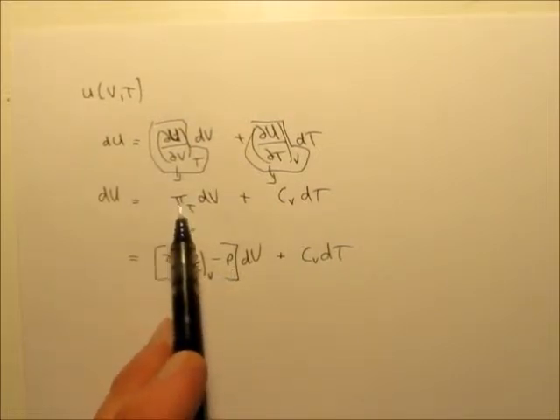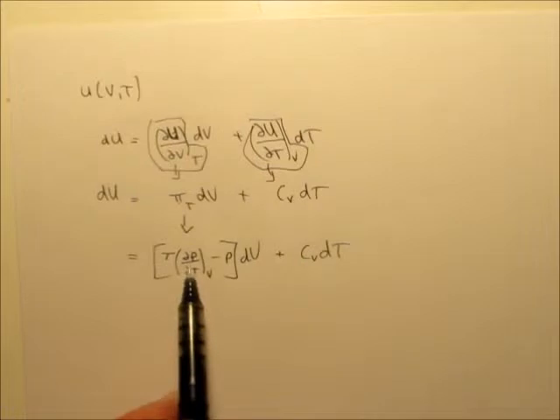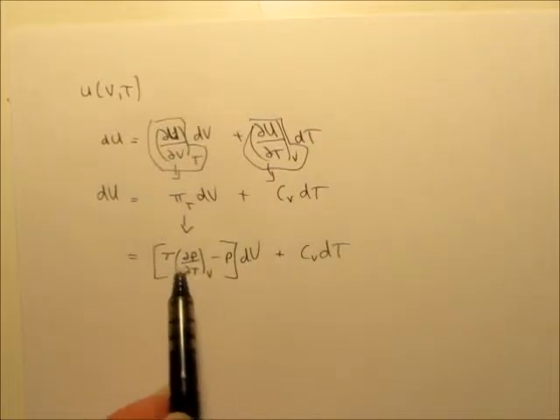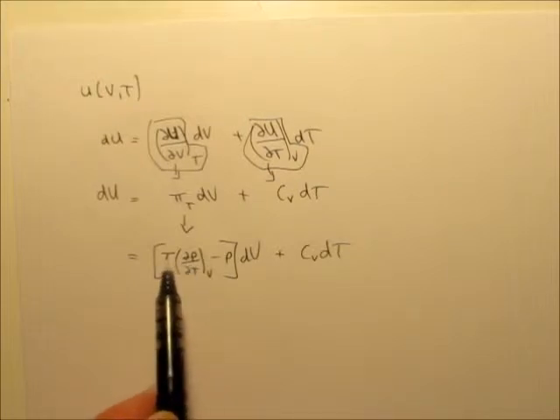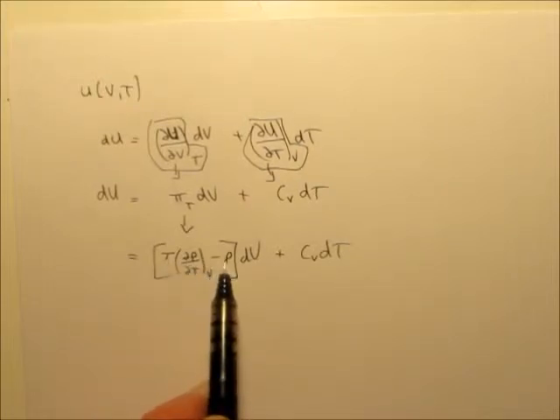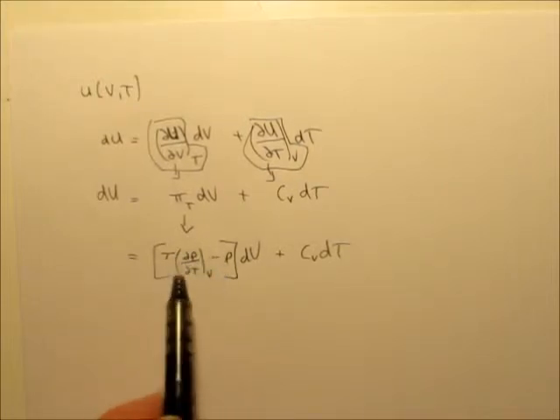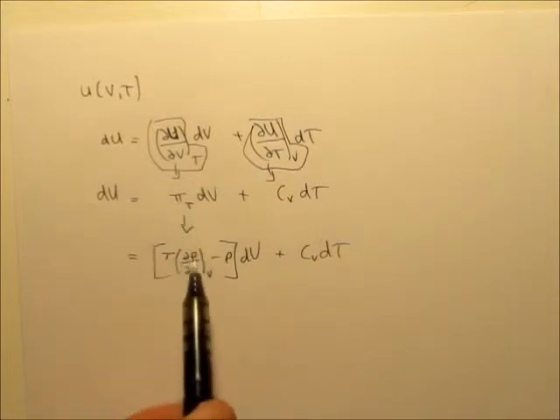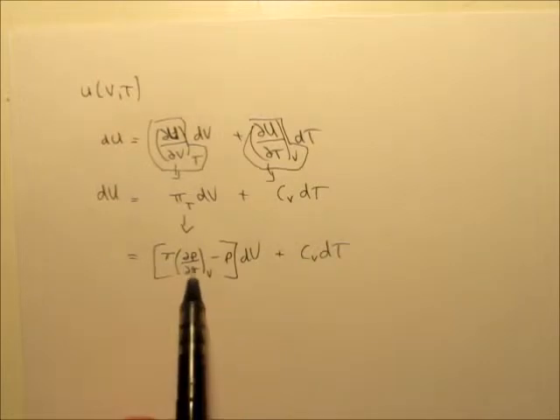To calculate pi T, you simply need to take the derivative of p with respect to T at constant volume, put it right in here, multiply it by T, subtract off p, and you will solve for what pi T, for instance, for the van der Waals gas would equal. So I believe you've done this exercise already.